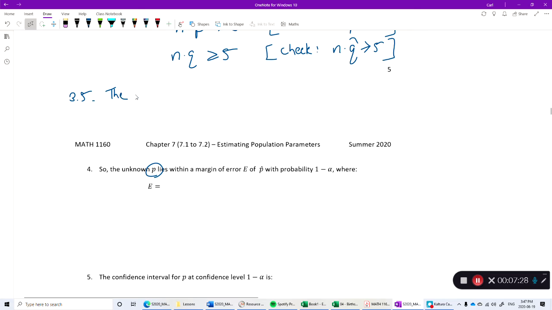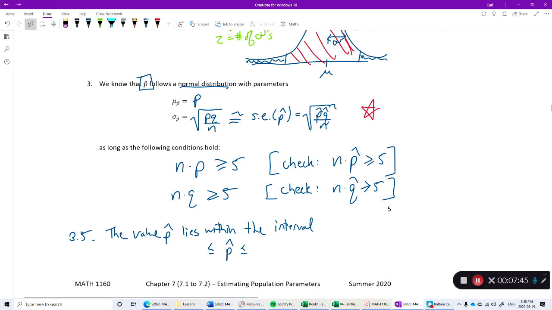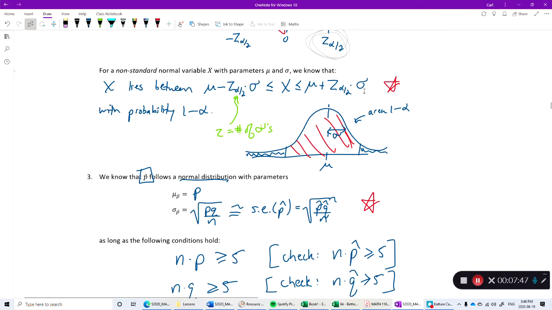The value p hat lies within the range, the interval from, why am I doing this? Because I want to more directly copy this line. So p hat is like the x.